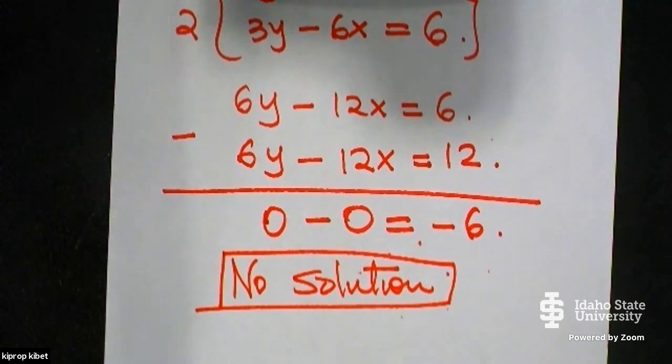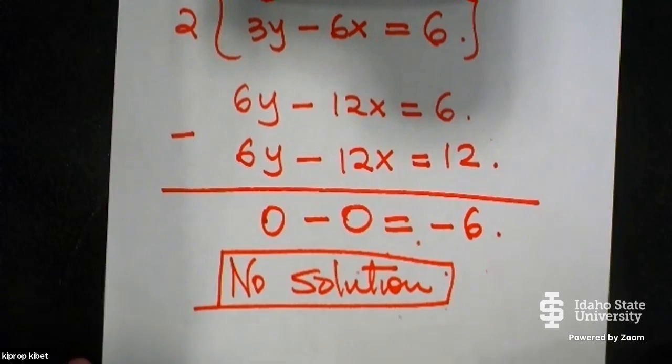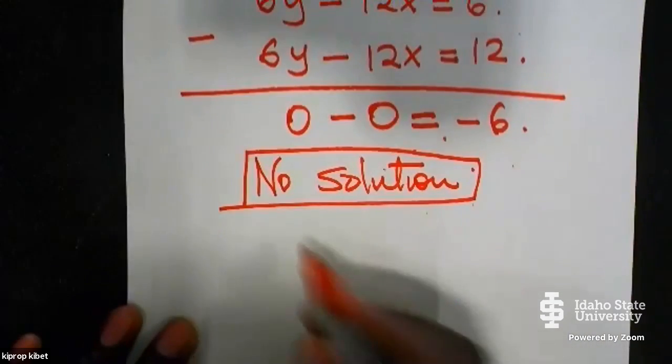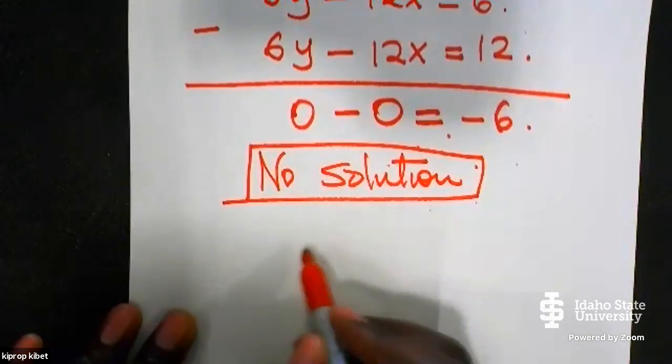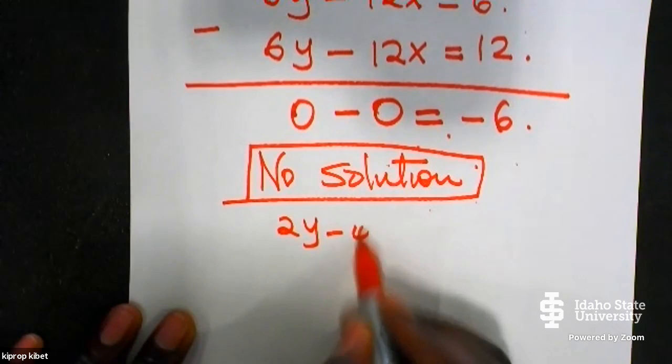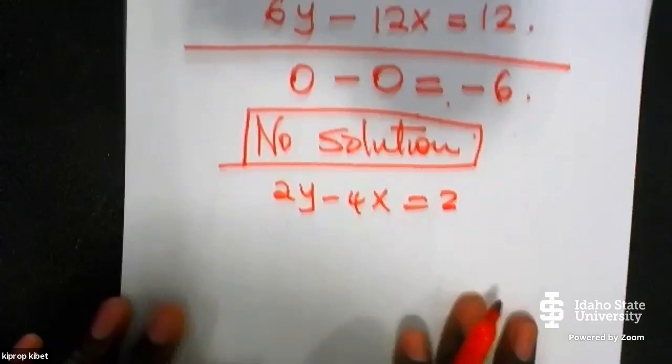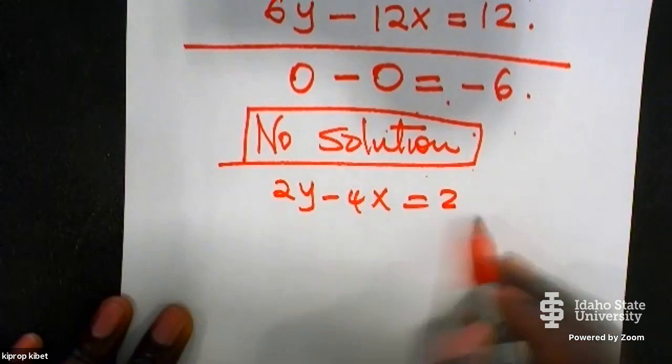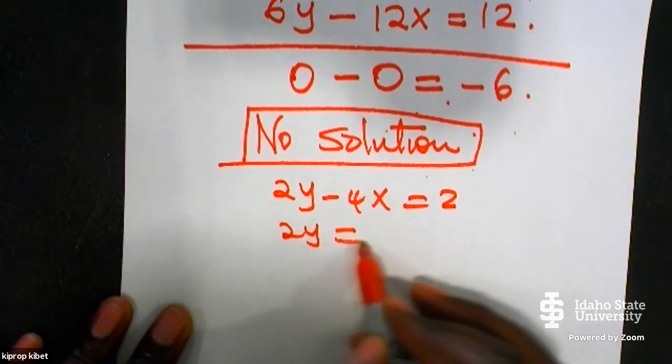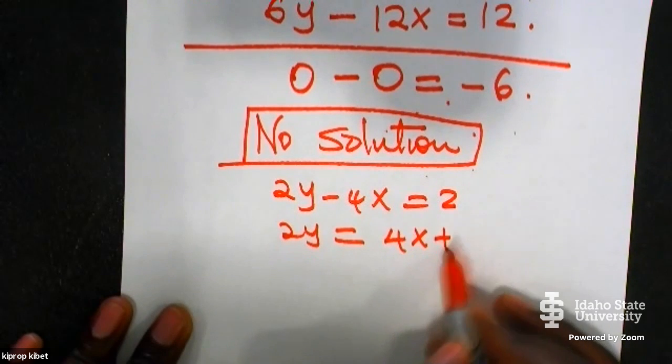So you can also see whether the lines are parallel by writing in the form y equals mx plus c. We have 2y minus 4x equals 2. When we take it to the other side, 2y equals 4x plus 2.